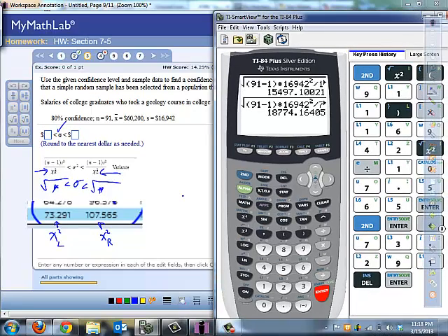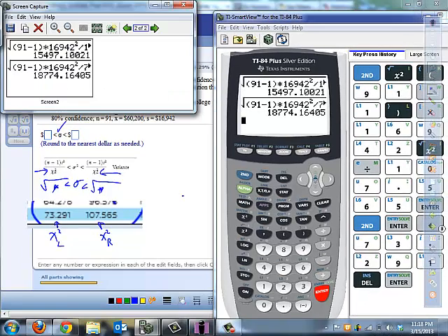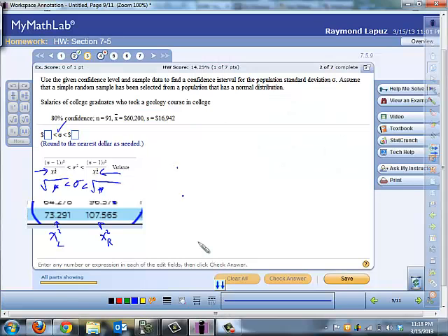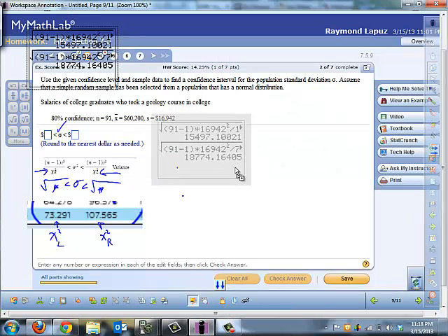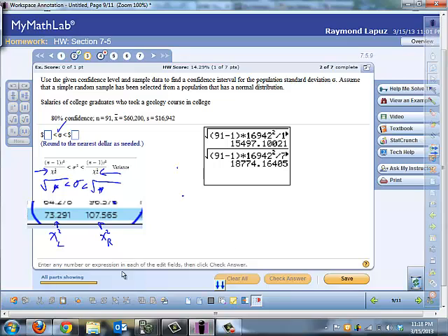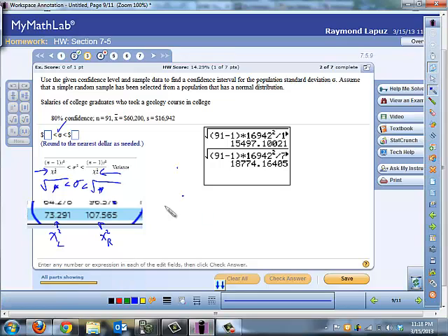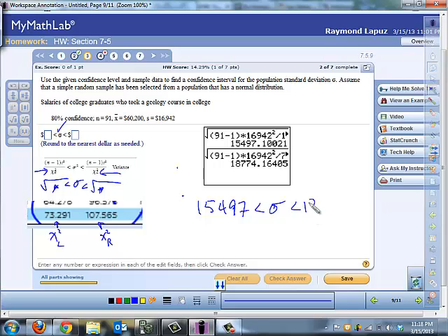Let's just take a screenshot of this and paste it onto our notes so that we can see clearly. If you were doing this in a test situation, of course you're not going to enter the data, you're going to write this by hand, and you'll write 15,497 less than sigma less than 18,774.